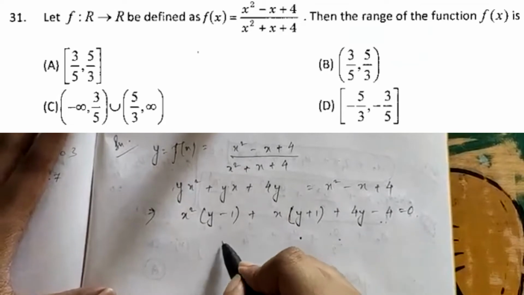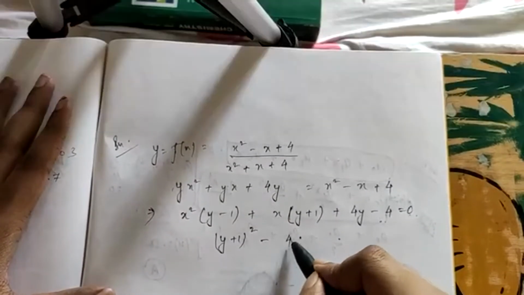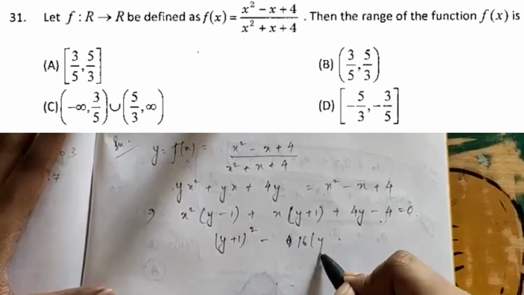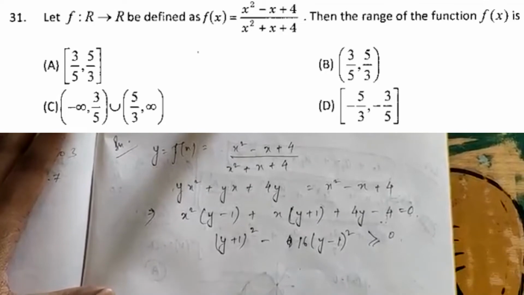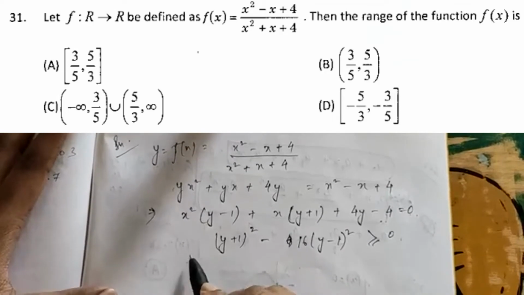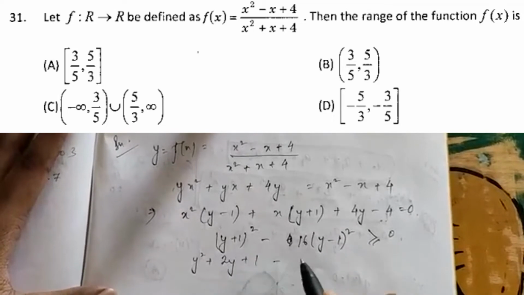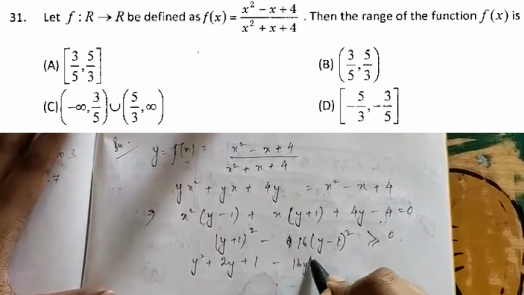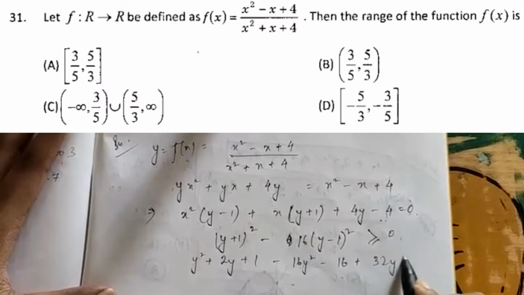0. That means b square, (y plus 1) square, minus 4 times, I can write as 16 into (y minus 1) square, is greater or equal to 0. So therefore y square plus 2y plus 1 minus 16y square minus 16 plus 32y is greater or equal to 0.